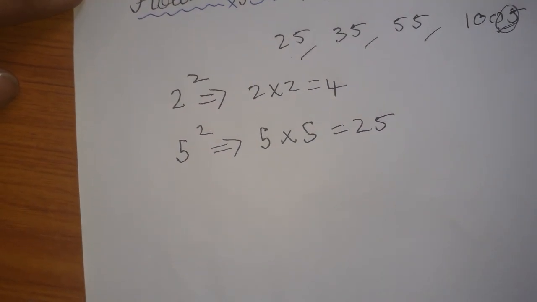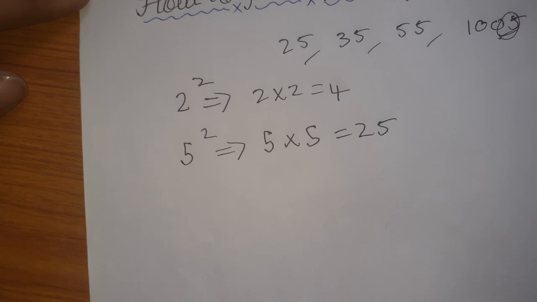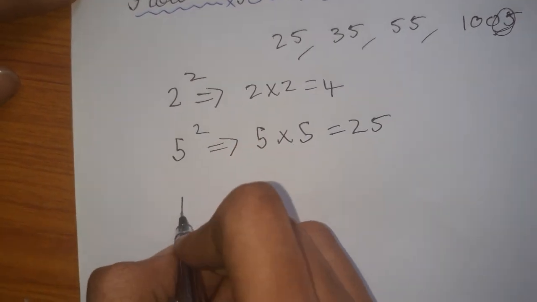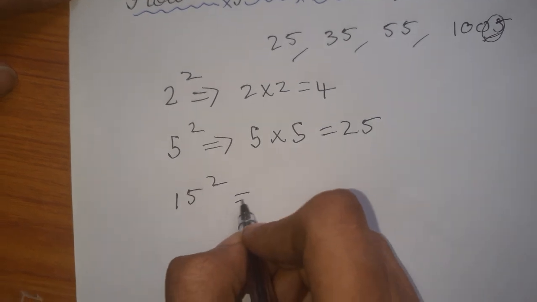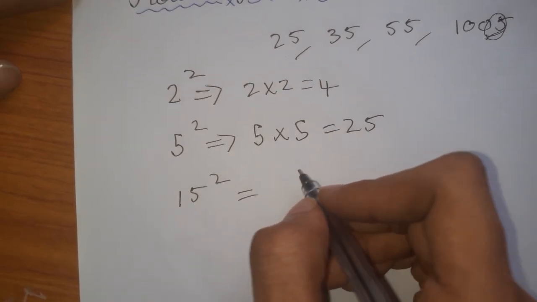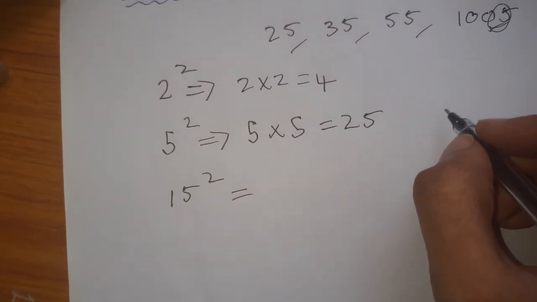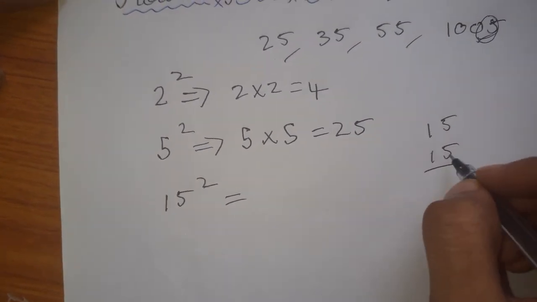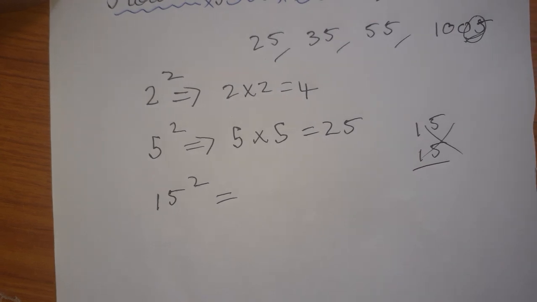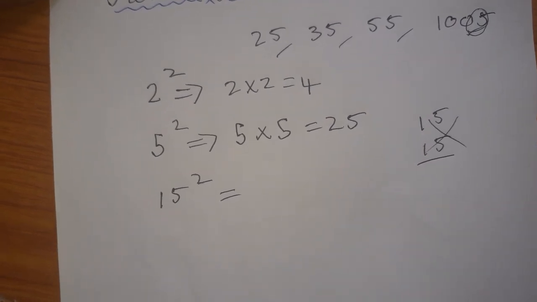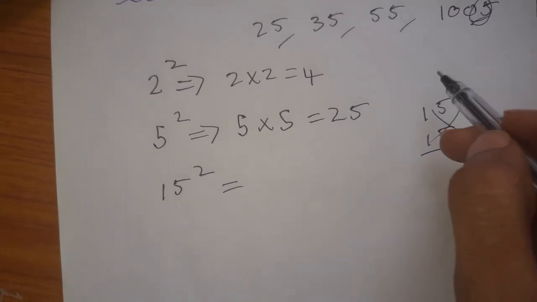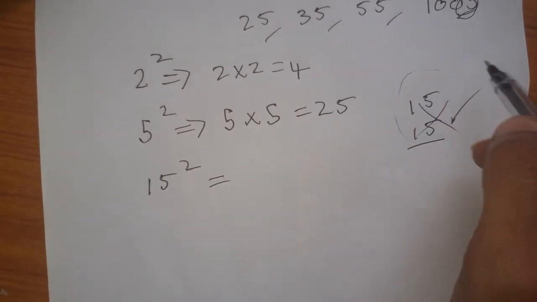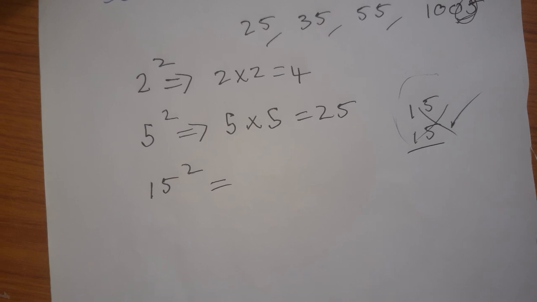Now if someone asks you how to find the square of 15, don't fall into the traditional method, 15 into 15. All these calculations are a waste of time. In competitive exams you cannot spend much time on long methods, and there are many chances of making mistakes.